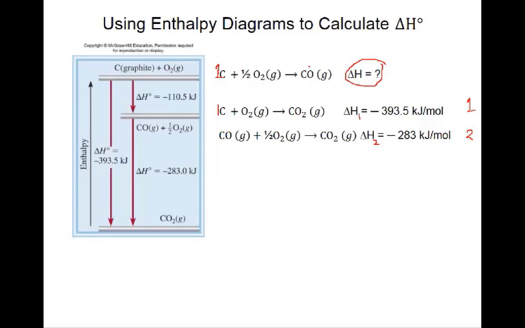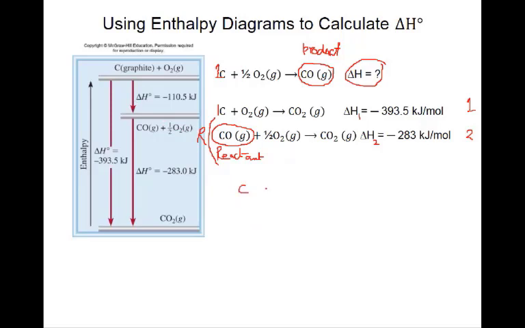But here they say carbon monoxide is a product. As I told you, what is on the right side will be product and the left side is reactant. But here the carbon monoxide is on the left side, so it is a reactant. Because of this we have to take this equation and reverse it. But equation 1 will not change, so let me write this equation again.